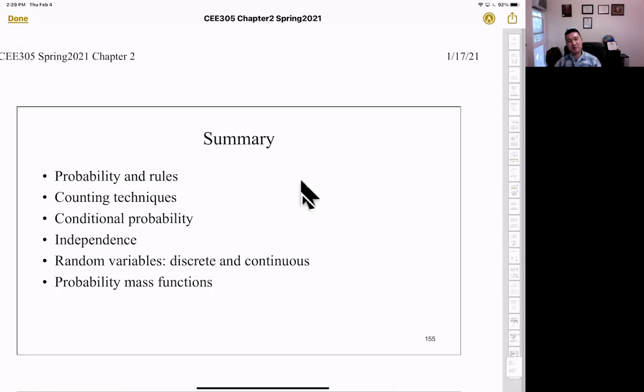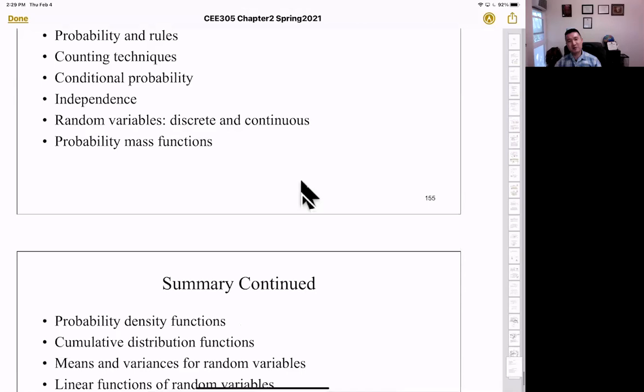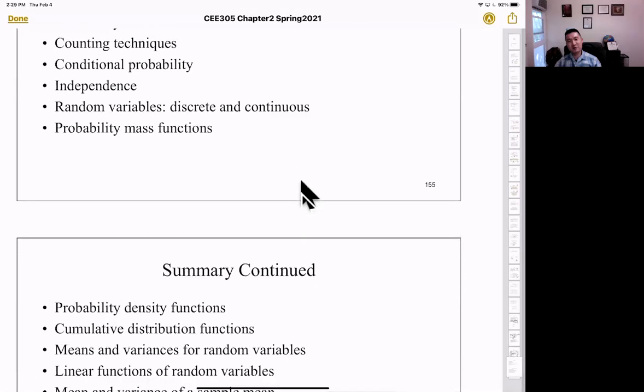For random variables, we have discrete random variables with a probability mass function, and continuous variables with a probability density function.